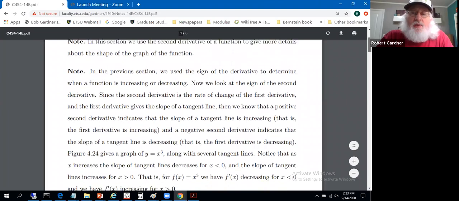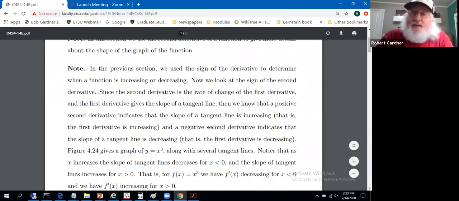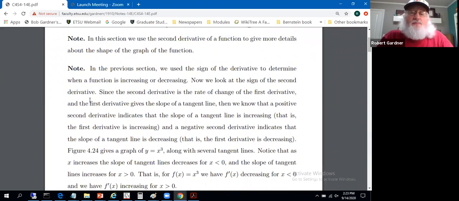So this time, we'll look at the sign of the second derivative, and that'll give us some information, more subtle information though, about the shape of a graph. The second derivative is the rate of change of the first derivative. Derivatives are always rates of change. The first derivative gives a slope of a tangent line.